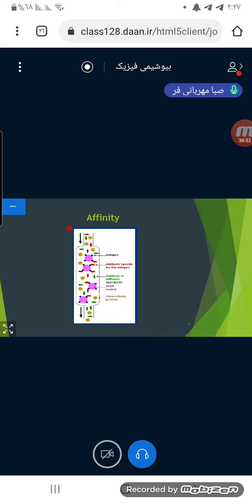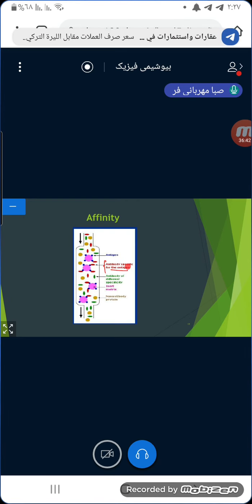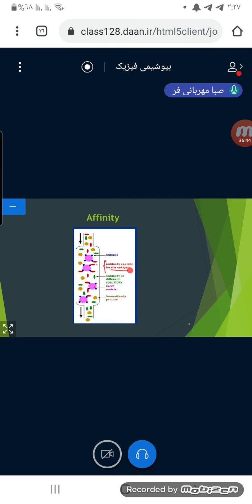So we should load the antibody that is specific for that antigen. In English, it's better to say antibody or antigen. So when we want to separate an antigen, we should use its specific antibody in the stationary part, in the column of chromatography.